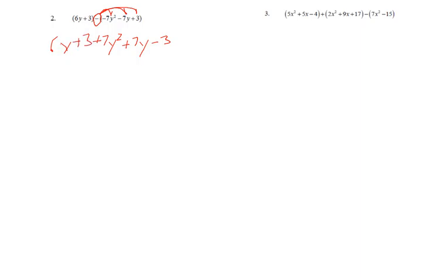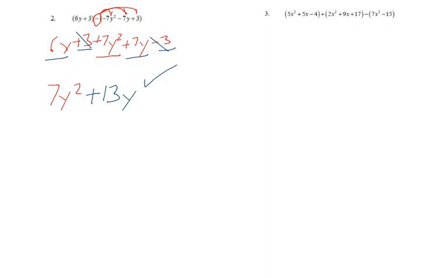Once you get this far, the last step is to combine like terms. So 7y² is 7y². 6y and 7y adds up to 13y. And then 3 and negative 3 just go away. So that's our answer.